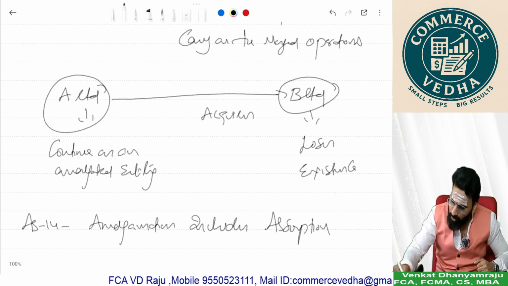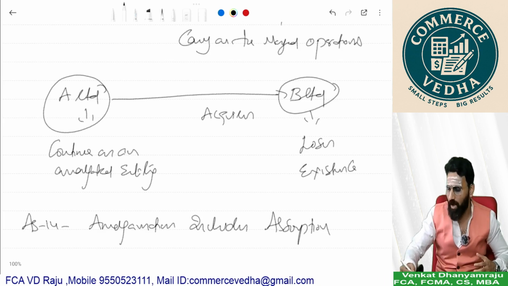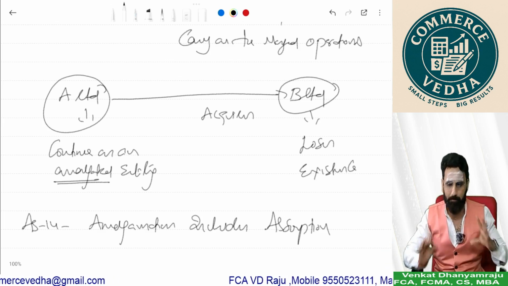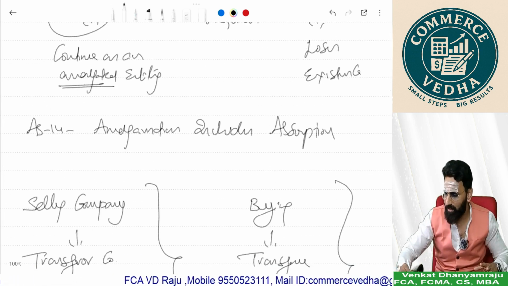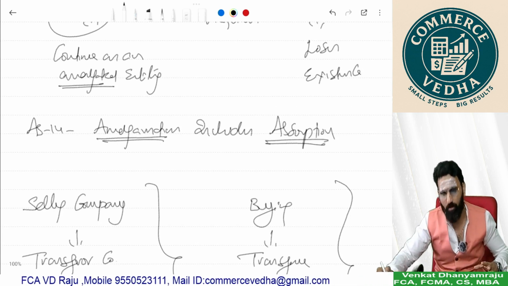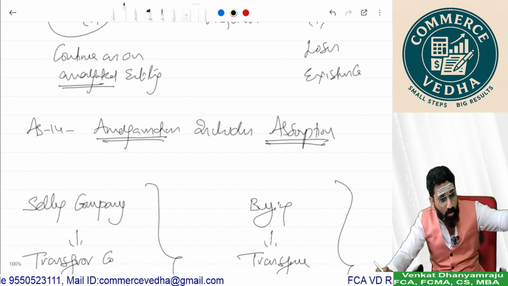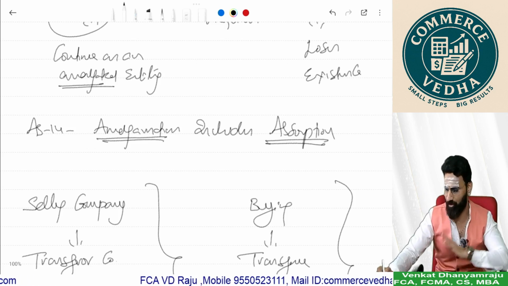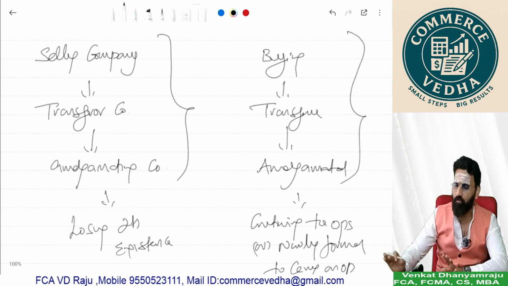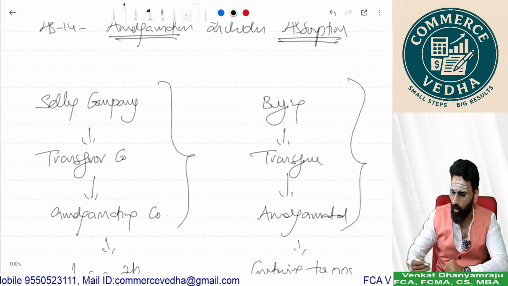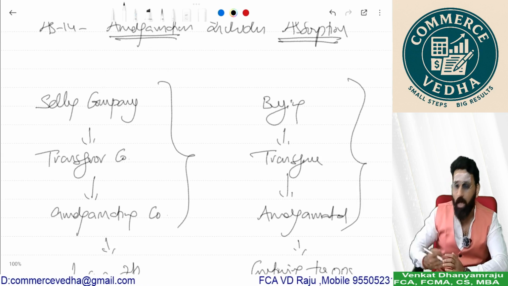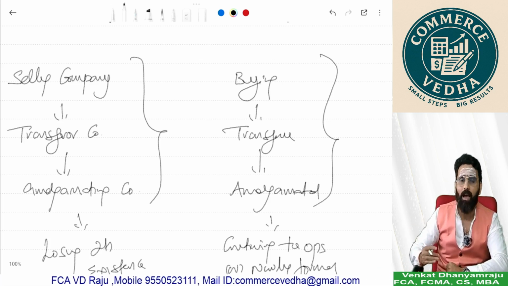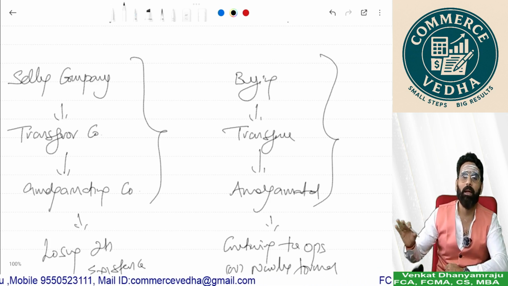So B comes into A and A continues as an amalgamated entity with the business of both A and B. And AS 14 says amalgamation includes absorption. We will see where AS 14 comes into applicability only when we go up to that, not in the basic session. And the different names given: for transferor, you call it selling, transferor, amalgamating, and for transferee, we call it buying, transferee and amalgamated company.